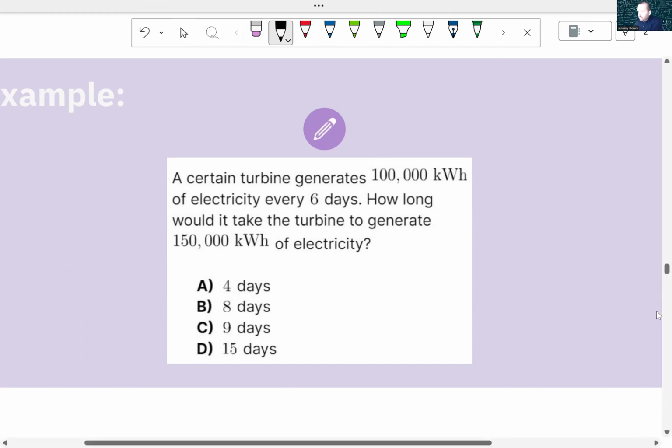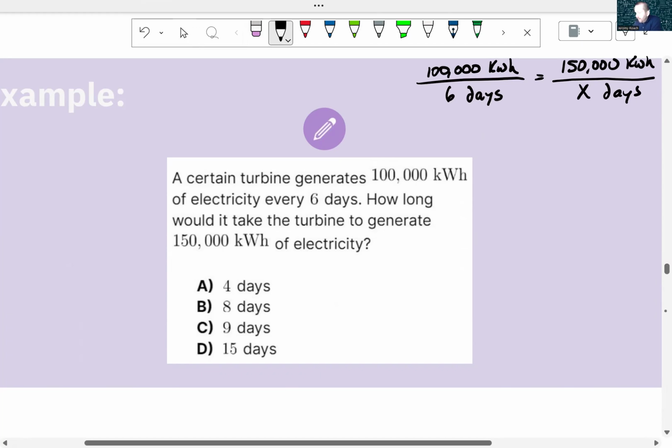So we're just going to write a proportion: 100,000 kilowatt hours for every 6 days is equal to 150,000 kilowatt hours over x days.